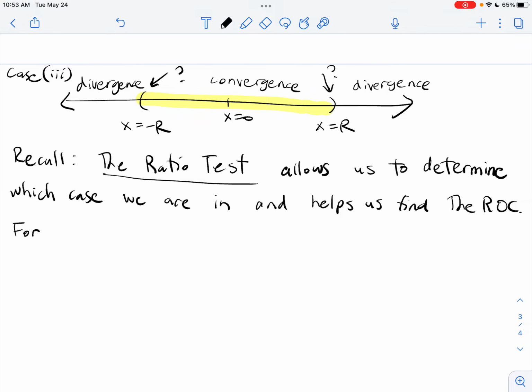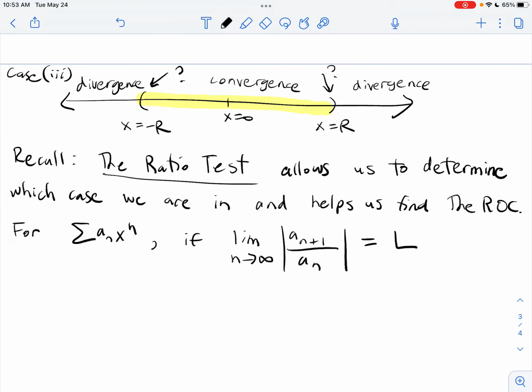So just to remind you of the test, for a power series a n x to the n, what we do is we take the limit as n goes to infinity of the absolute value of a n plus 1 divided by a n. And if that limit equals L, then there are three possibilities. If the limit is infinity, then the ROC is 0, and we are indeed in case 1.